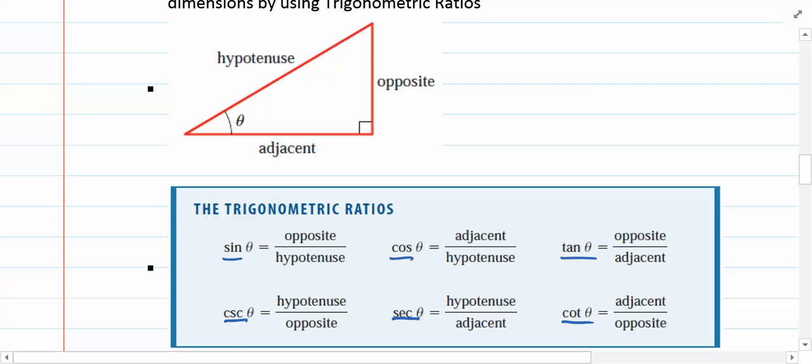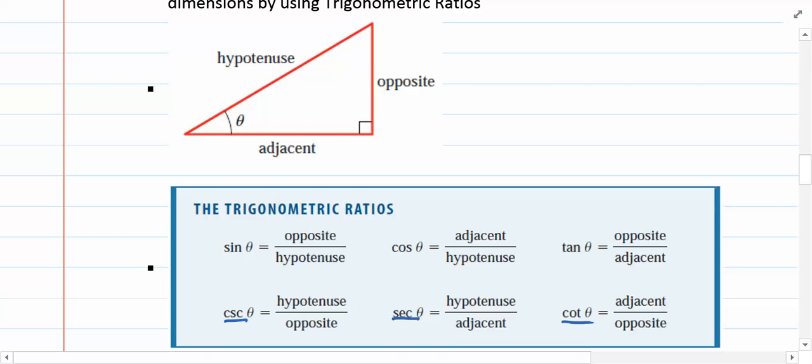The sine function creates a ratio between the opposite side, opposite of our angle of intention, and the hypotenuse of the right triangle, whereas the cosine function creates a ratio between our adjacent side and the hypotenuse, and the tangent function creates the relationship between the opposite and adjacent. These are the three different ways that we can create ratios between the three different sides: hypotenuse, adjacent, and opposite.